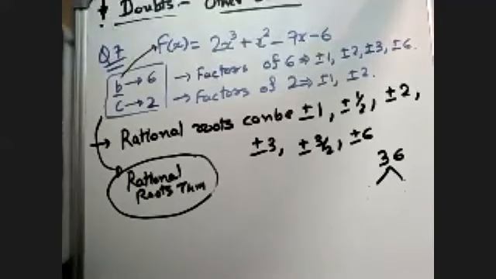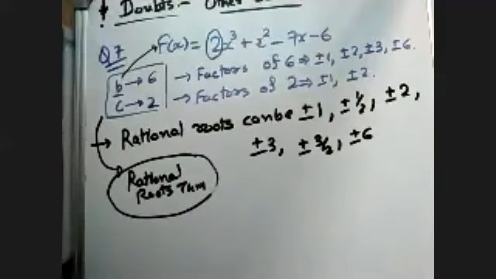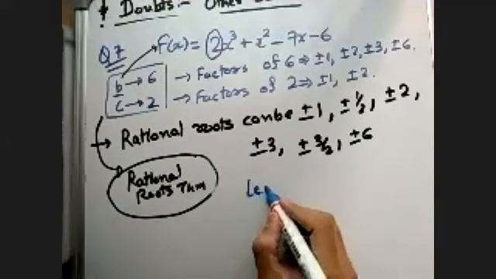Okay. Now Sakib is asking, sir, what are the conditions for both theorems? Conditions are easy, you just have to check your leading coefficient. If the leading coefficient is 1, then it is having integral roots, and if its leading coefficient is not 1, then it is the rational roots theorem.